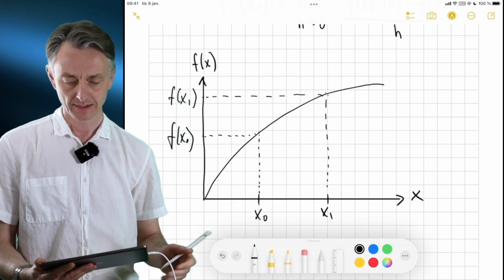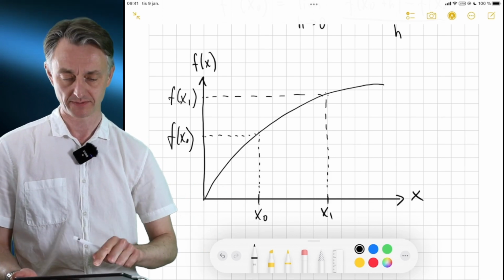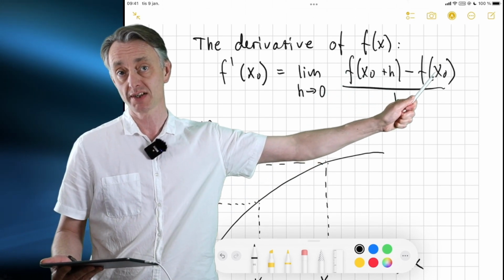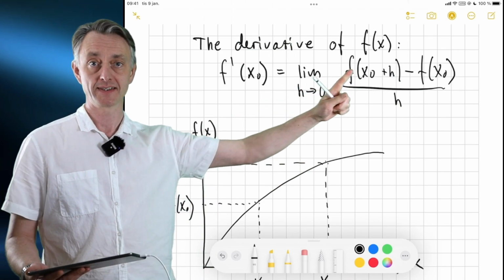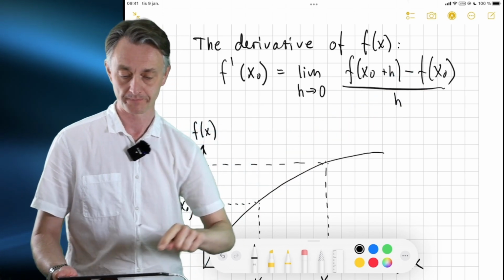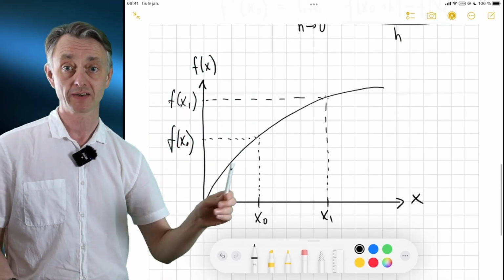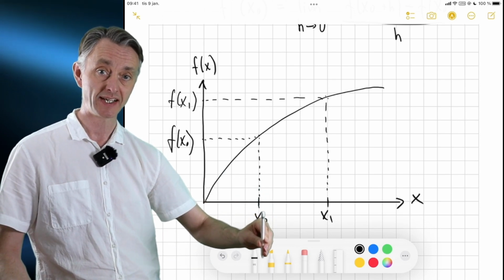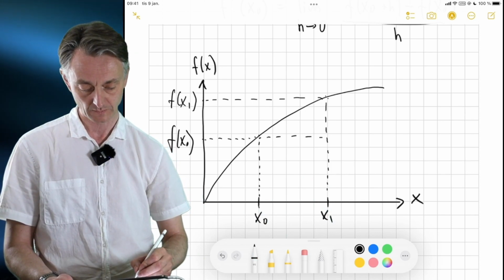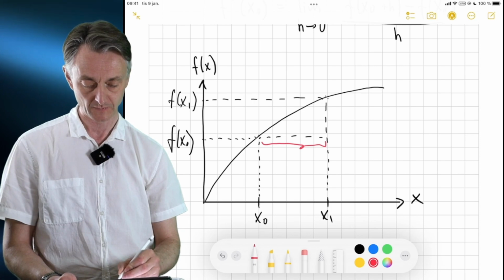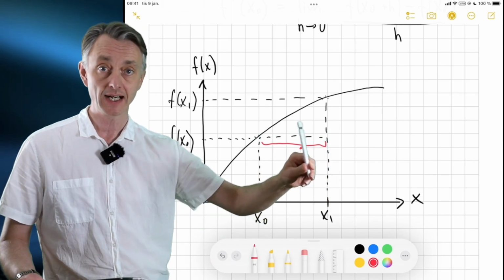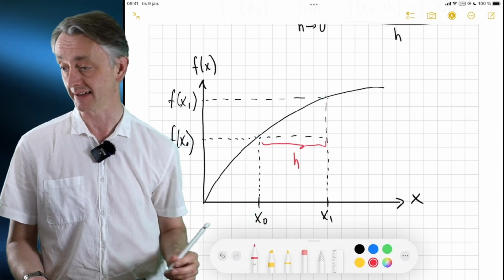Right, and now we can see what we were discussing, the Newton quotient. So this is the change in vertical, right? This is the value of the function at x0 plus h minus the value of the function at x0. So if this is x0, then the difference between x0 and x1 must be h. So this is h. If we move this far horizontally, how much higher up will we get?